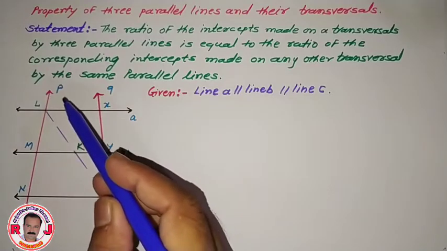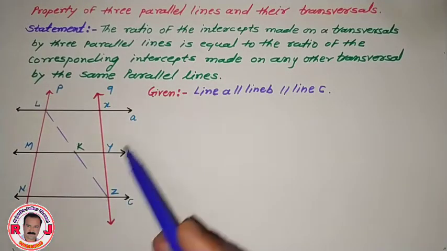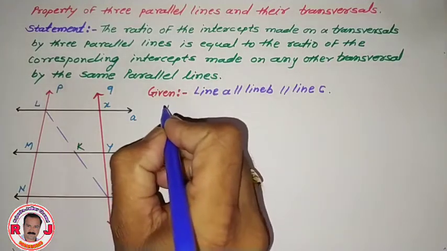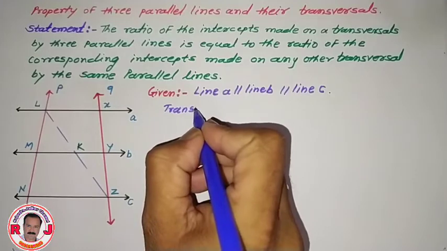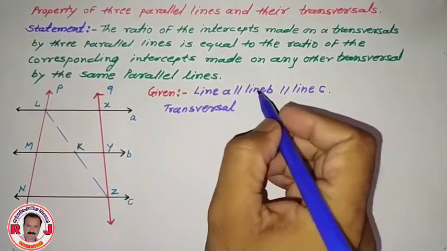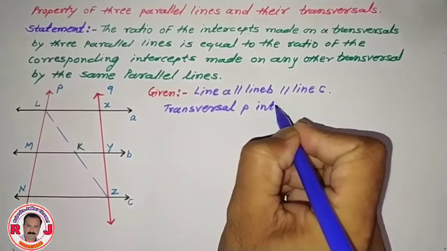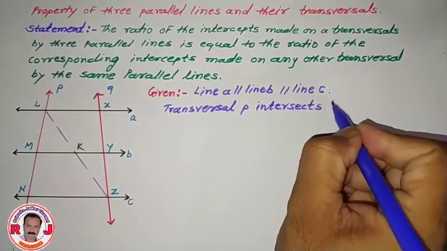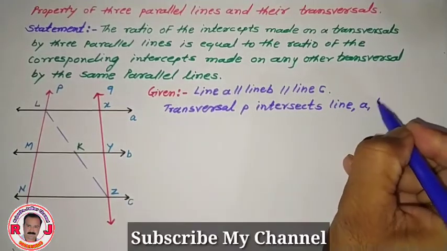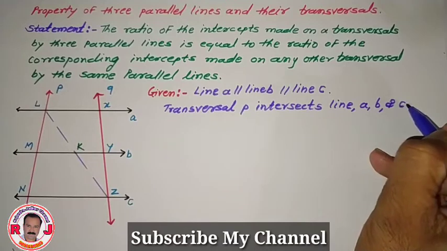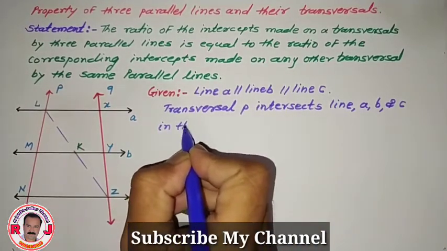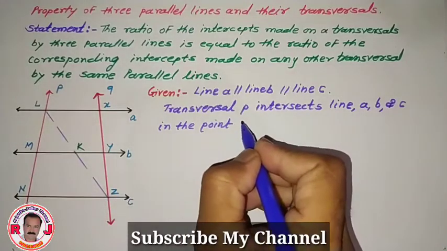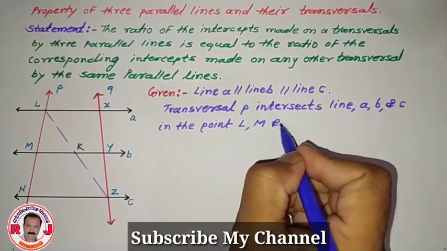Then next, transversal P intersects lines A, B and C in the points L, M and N.